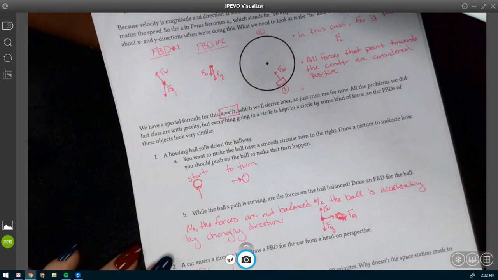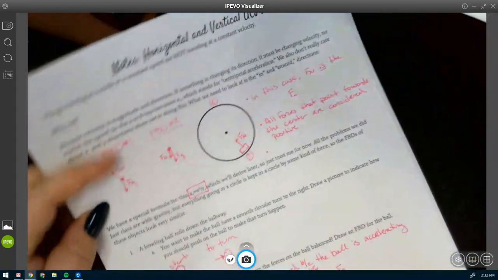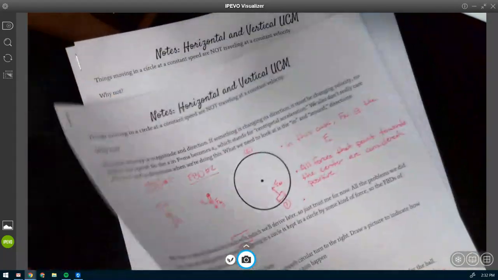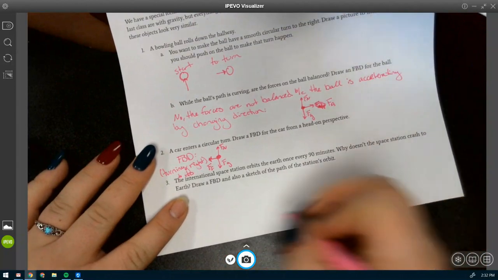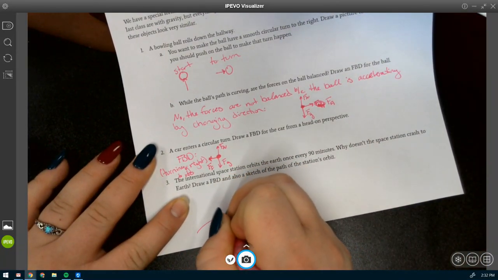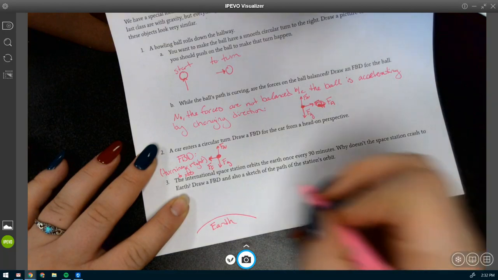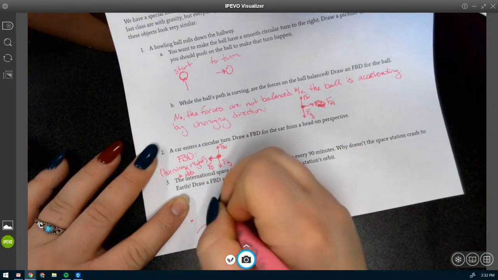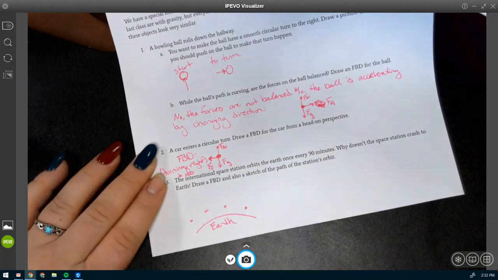So if we draw this picture, here's the Earth. And we're going to draw the satellite at a couple different spots. There's 1, 2, 3. We'll do it at 4 spots.